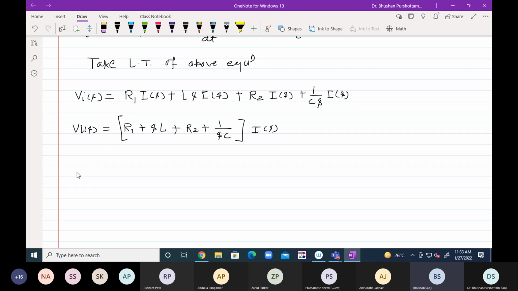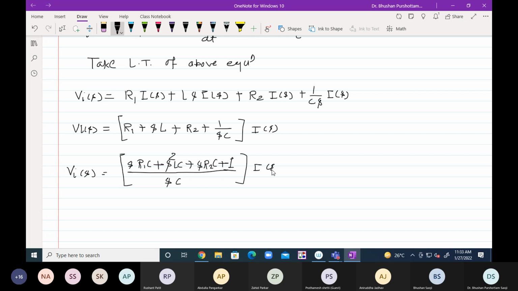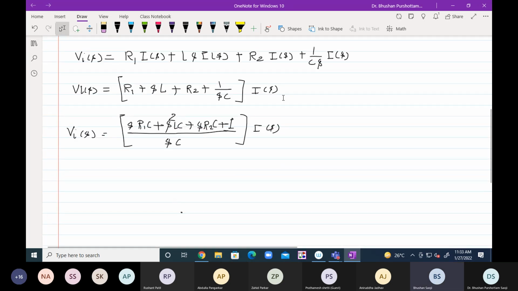So we can write Vi of S equals, we will take SC common, so this becomes S into R1 into C plus S square LC plus S into R2 into C plus 1, bracket complete, multiplied by I of S. We have taken S into C as common, so multiply S into C to all the terms.